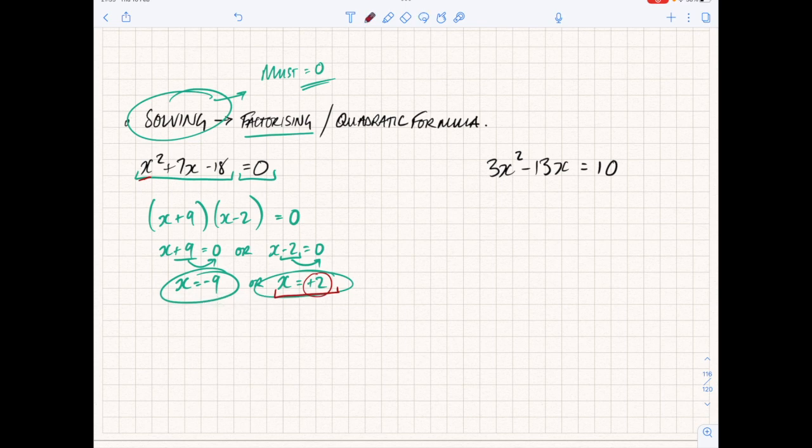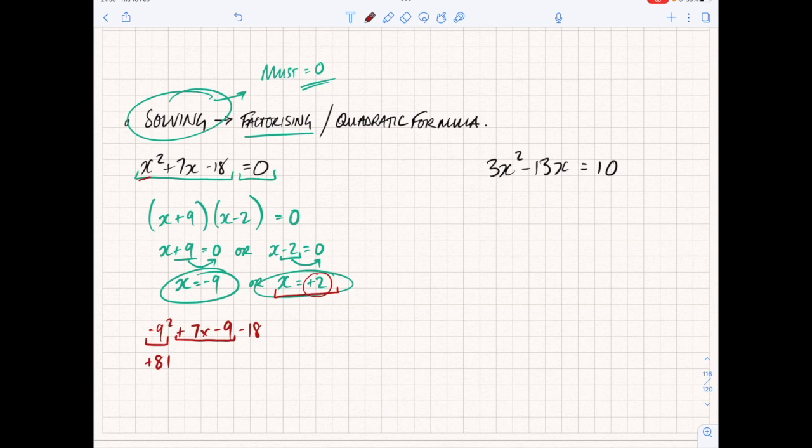Now, if I do exactly the same with the 9, so we say minus 9 squared plus 7 times minus 9, and then minus 18. Well, minus 9 squared is minus 9 times minus 9, which is a positive 81. Okay, really important that you remember when you square a negative number, it becomes positive. Then we're doing 7 times minus 9.